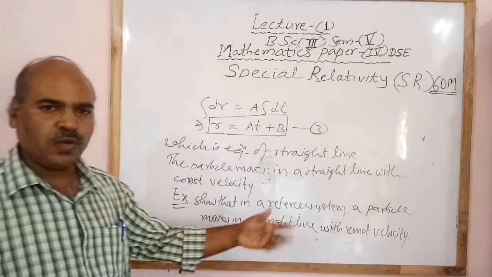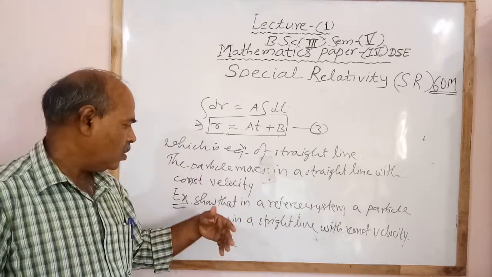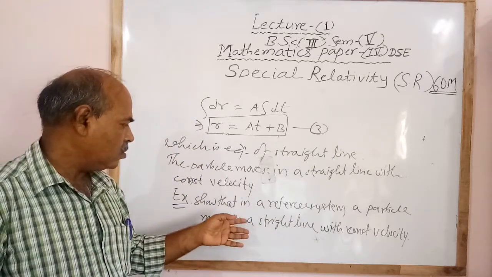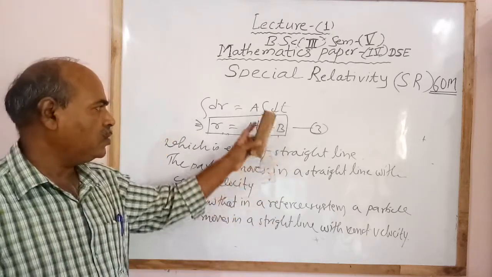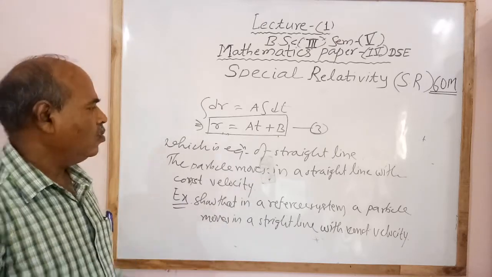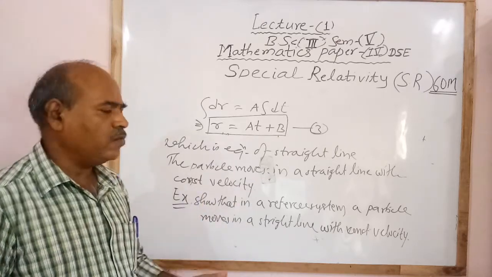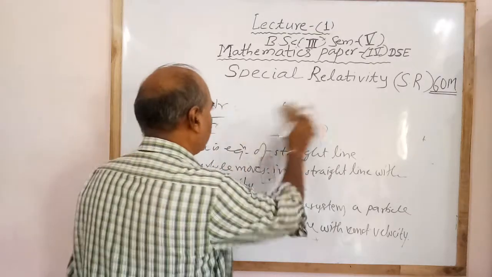The question can be asked for 6 marks. Also there can be: define the reference system. So you have to give the definition of inertial system, where Newton's first law of motion is valid, is called the inertial system.